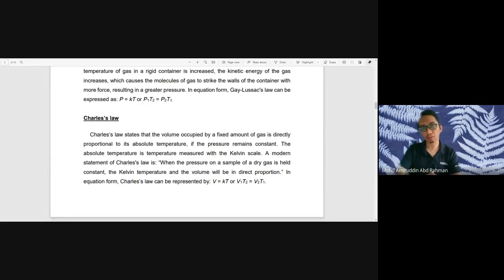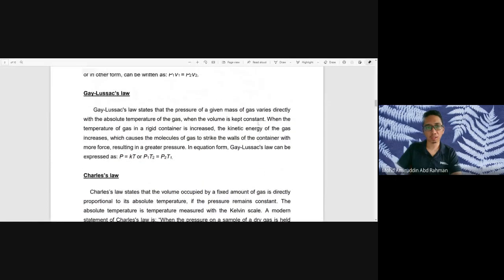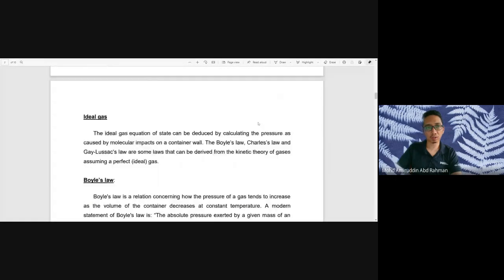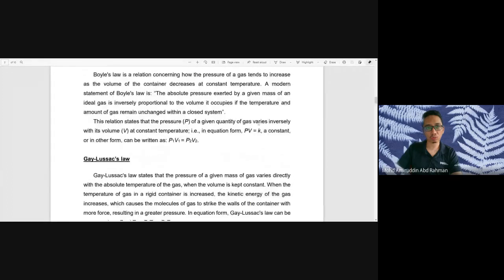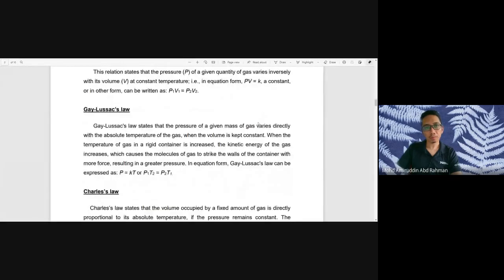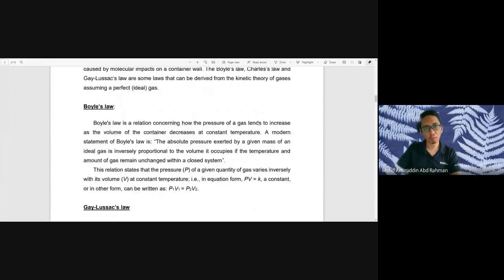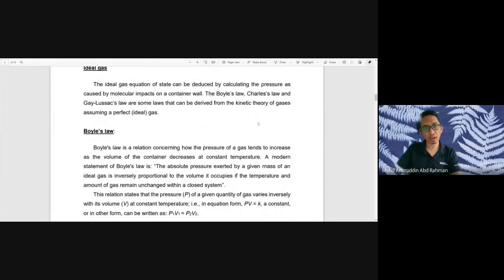But if it is an open door, we don't consider that, because it will not be obeying Charles' law. So those are the three different laws that we can use to characterize the motion of the ideal gas.